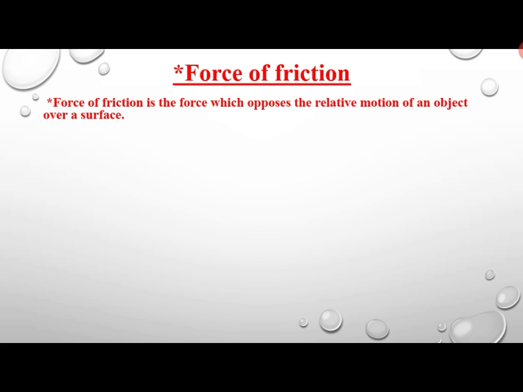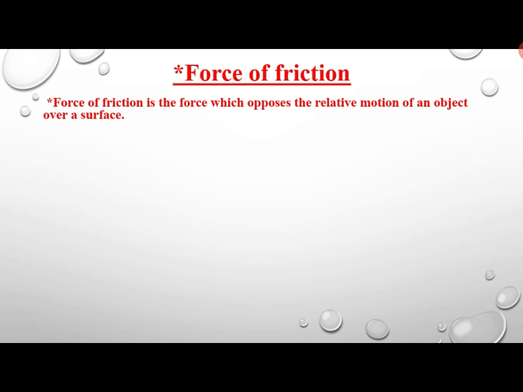So that particular force is known as the force of friction. Now this force of friction acts opposite to the direction of the force applied. So the force of friction is the force which opposes the relative motion of an object over a surface.